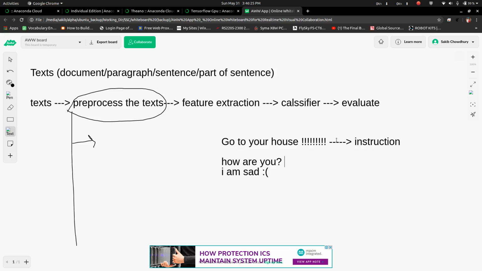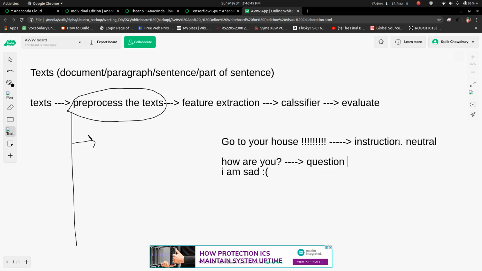Now let's consider which type of sentiment these sentences carry. Go to your house has no sentiment, it's completely neutral.